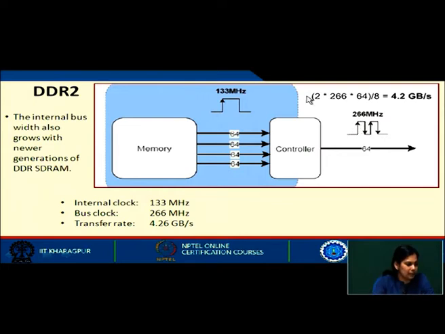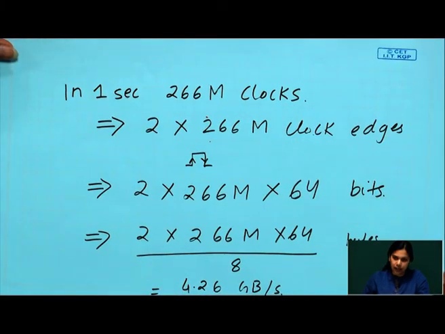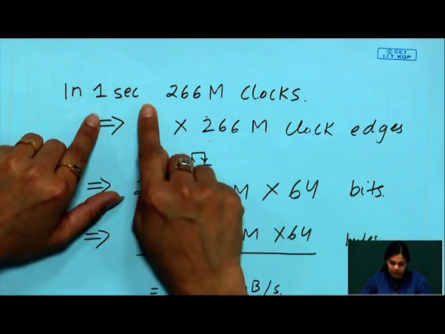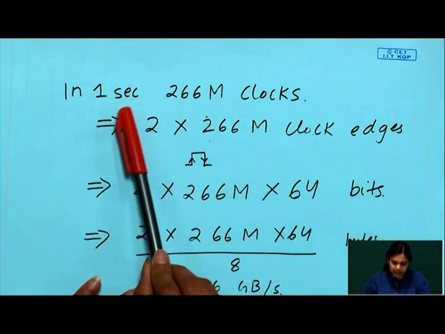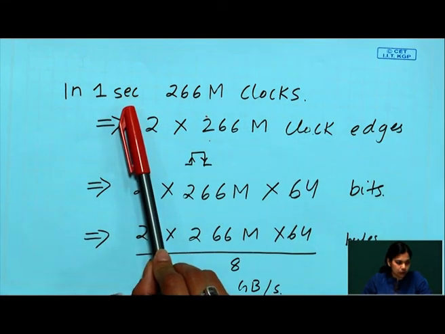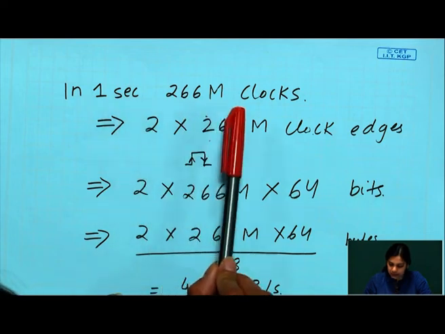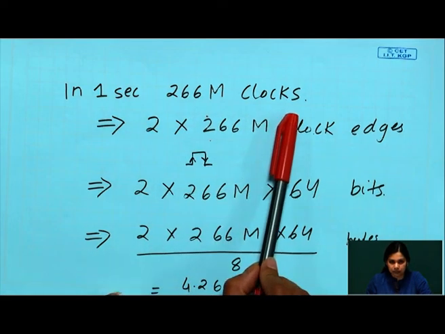Now, let us see how this calculation is actually happening. So, the internal clock is 133 megahertz, the bus clock is double of that, and we have to calculate the transfer rate. Let us see this. Now, in 1 second, 266 M clocks will be coming.